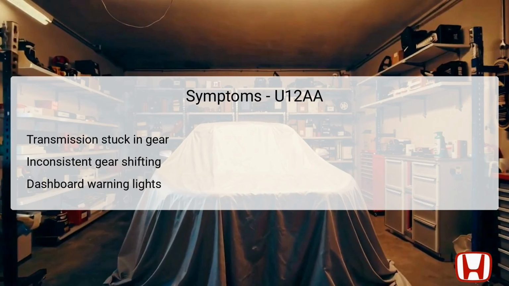Symptoms associated with DTC U12AA can significantly affect vehicle performance. Common observations include the transmission being stuck in a particular gear, which results in poor drivability and potential safety hazards. Drivers may also experience inconsistent gear shifting, where the transmission hesitates to engage or shifts unexpectedly.